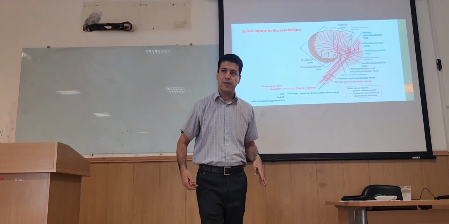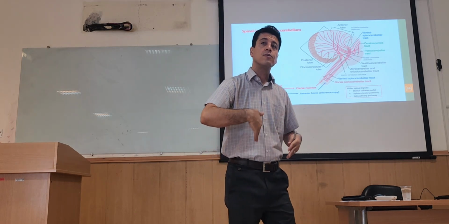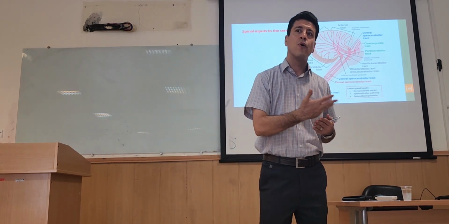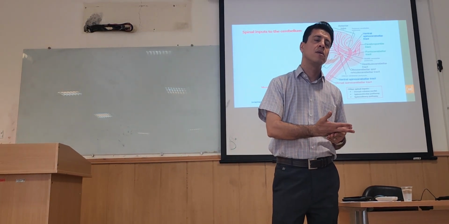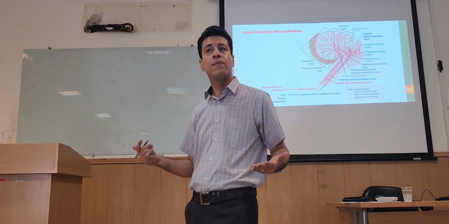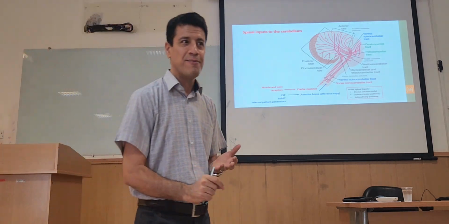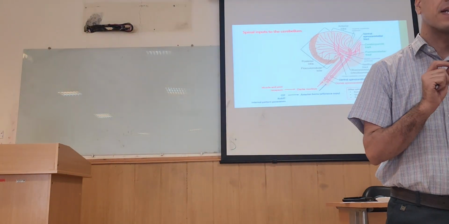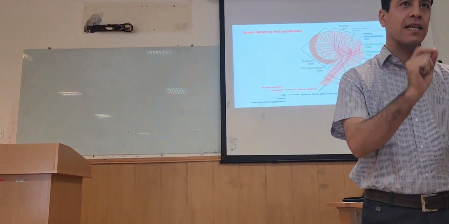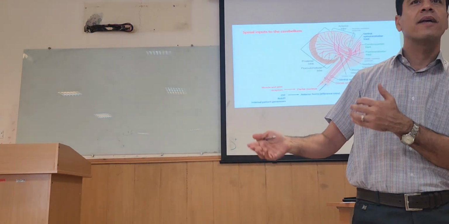So the lower part of the body sends its proprioceptive information to the Clark nucleus. What are the proprioceptive information? From which receptors do they come? Deep receptors. Which receptors exactly? Mechanoreceptors. So they are all mechanoreceptors.